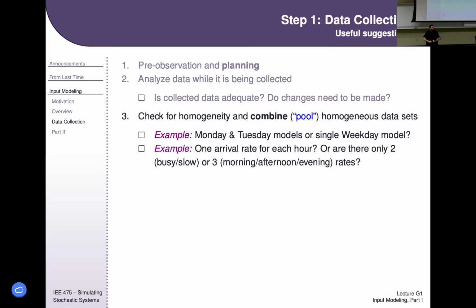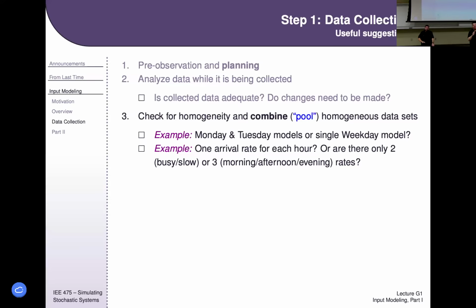And then there's this check for homogeneity, which we've talked about a couple of times, pooling. So this idea that you're going to collect data at different hours of the day and different days of the week, conceivably. And if multiple days of the week behave the same, or multiple hours of the day behave the same, you can add all of those data points together and you'll get a better model because you got more data points going into that model.